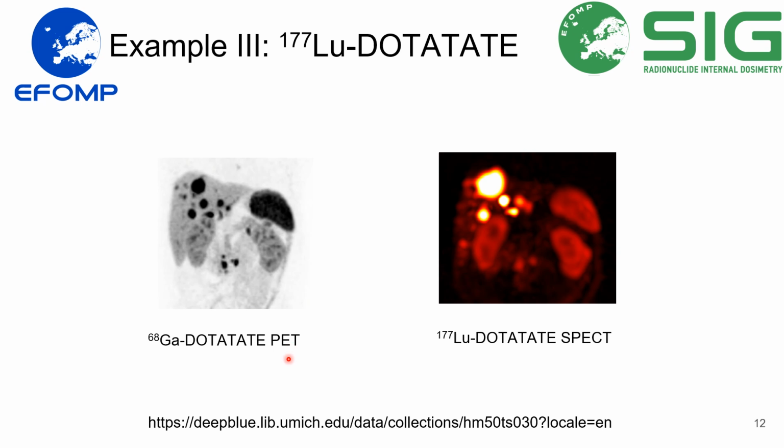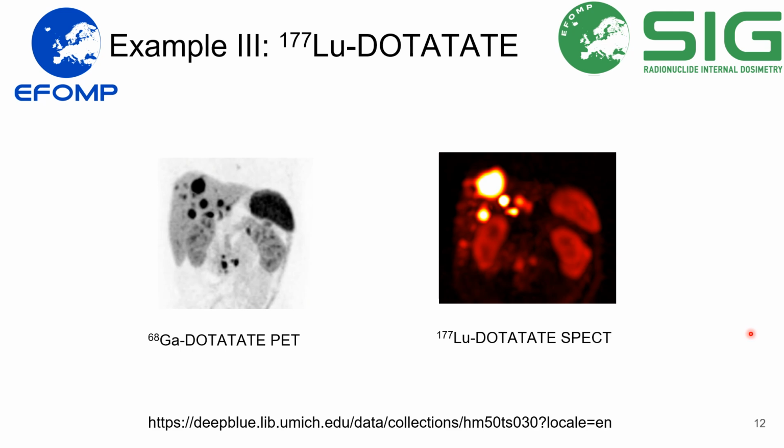That PET image is also being used by the doctors and the physicians to evaluate whether that patient is eligible to receive the treatment. And on the right again you can see the SPECT post-therapy image, in this case of lutetium dotatate. That patient dataset you can download from the University of Michigan, provided by Unidevaraja for the SNMMI dosimetry challenge.